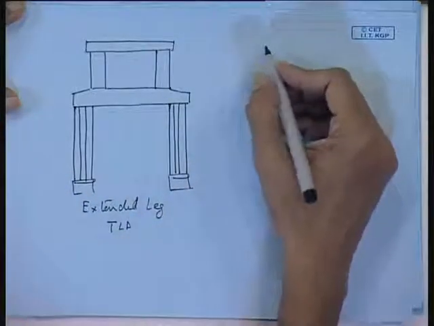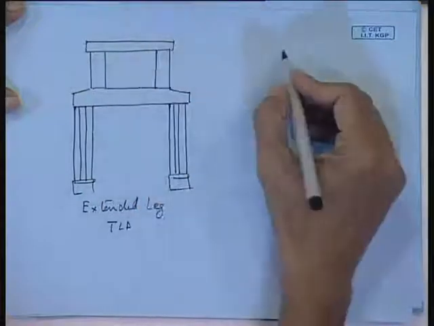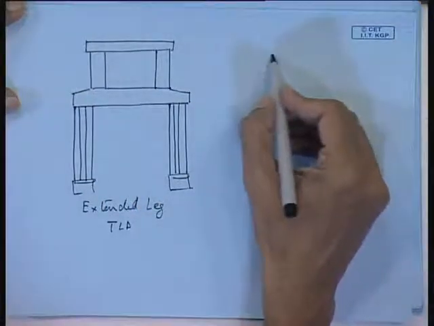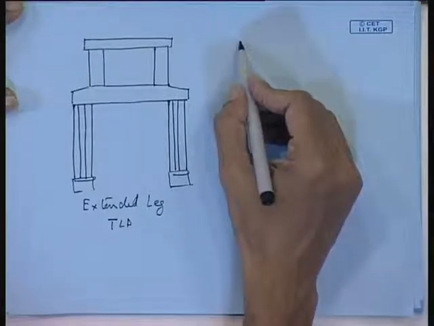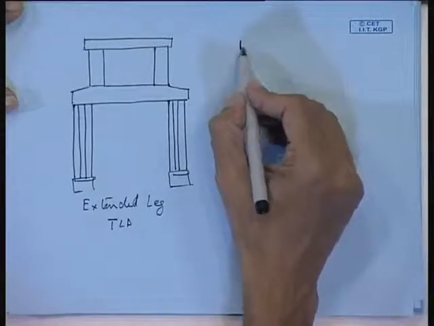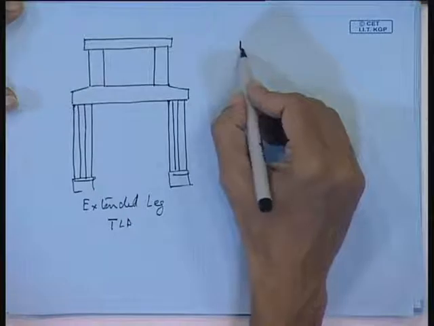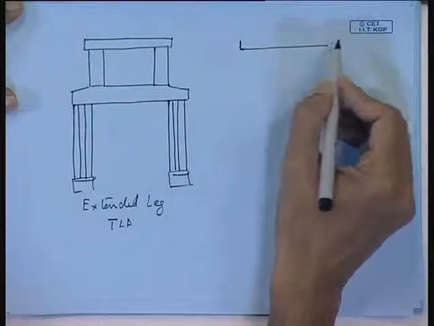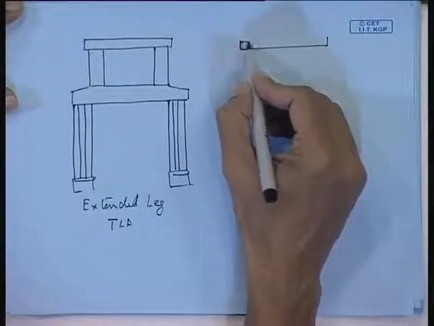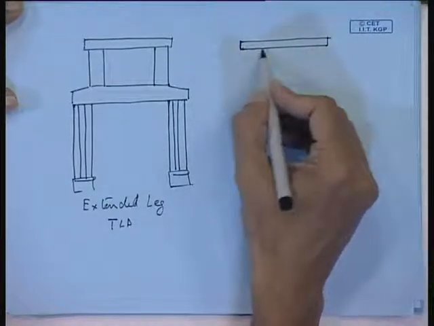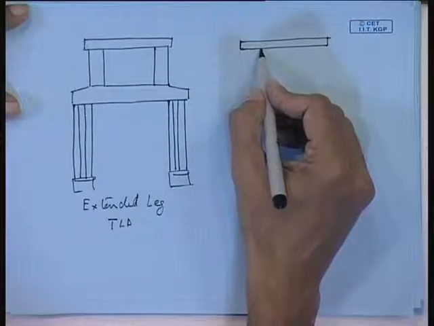Other form you can also have, instead of having this one column, if you want to have a smaller TLP, then you can support the deck. Now, in the previous one that I talked about, you will find the deck is resting on 4 columns, but here you can see that the deck is having a substantial overhang.